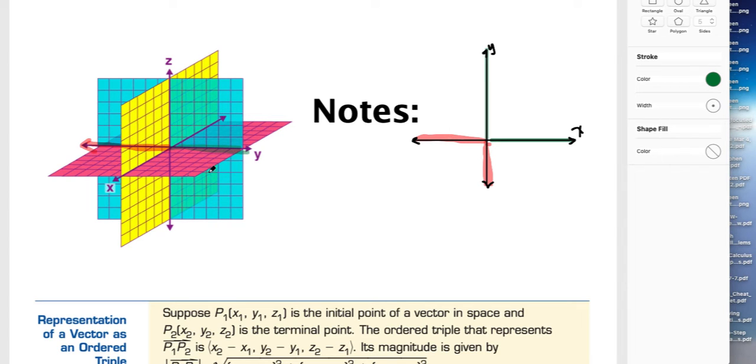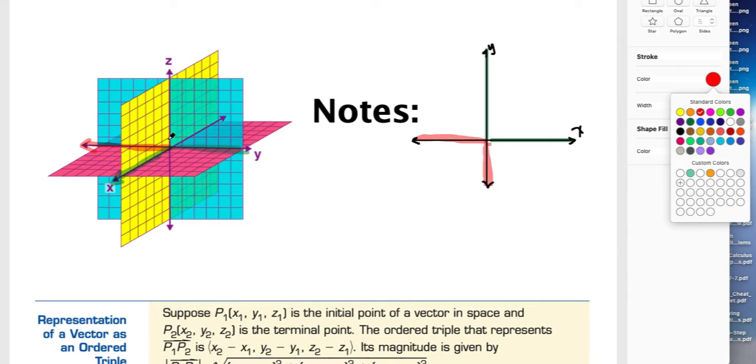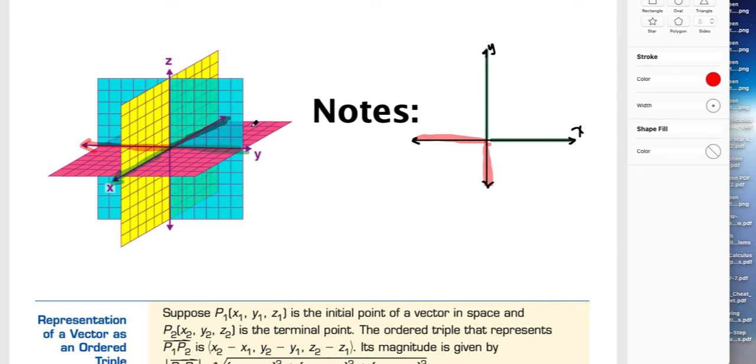The positive part of the x-axis is running out towards us, and the negative part of the x-axis is running behind us. If you took this and laid it down on a page, oriented like this red coordinate plane, that would be the XY plane.